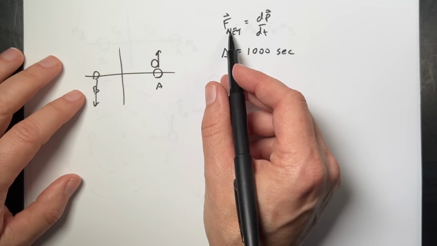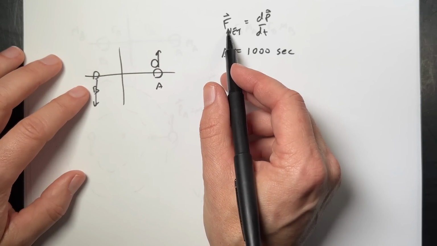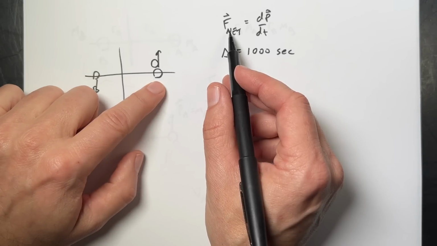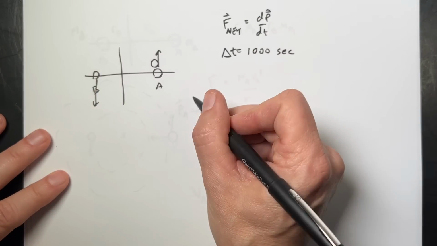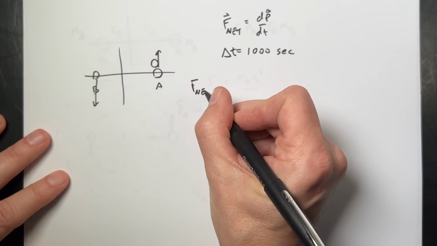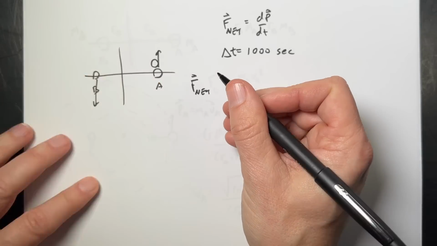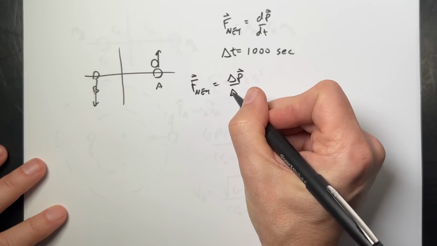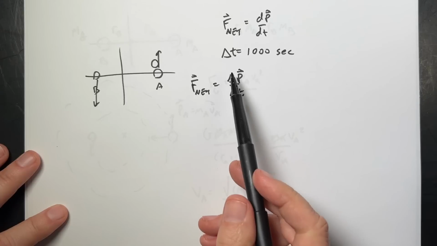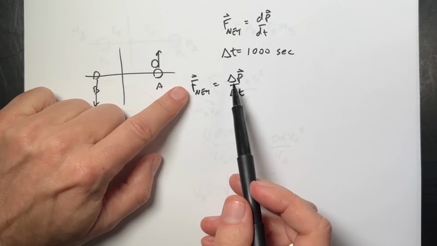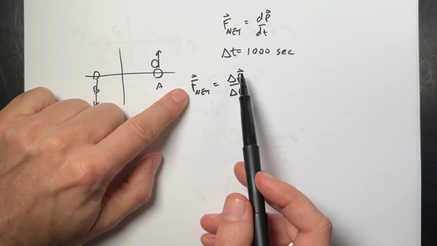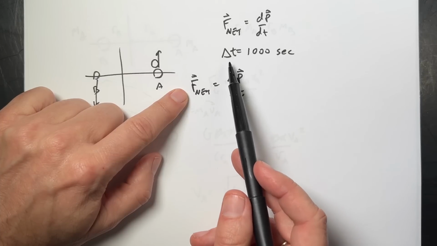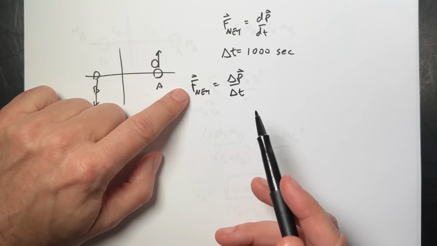I already showed you how to do that with the gravitational force. Once I calculate the net force and assume it's constant, I can write F net, for object A, as the change in momentum of A with respect to t. This is true if the net force is constant, so I can write it as a difference instead of a derivative. And if the delta t is small enough, this will work well enough.